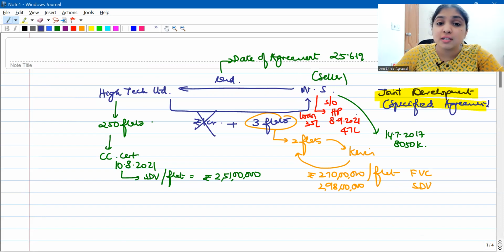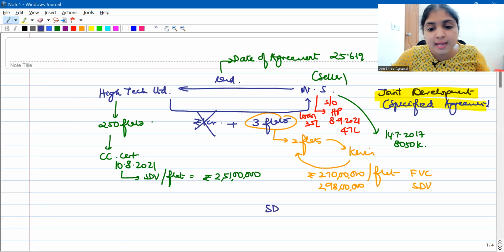Then the second condition, you should be transferring land or building or both. Yes, it is immovable property, it is flats. And condition number 3, the stamp duty value should be more than 110% of FPC. Now, what is 110% of FPC? FPC is 2 crore 70 lakhs.